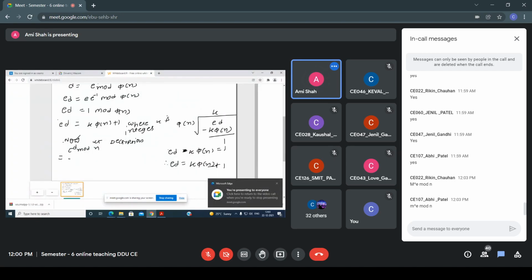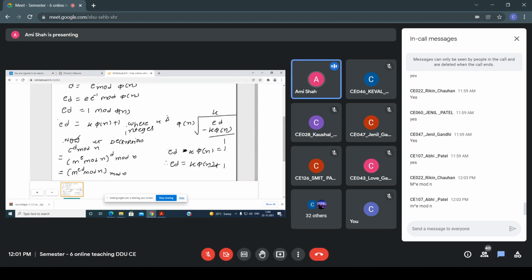So instead of that, I can write m raised to E mod n, raised to D mod n, right? So now I can write m raised to ED mod n, right? Now you know why I am calculating this ED, because on the decryption side I want to prove how I am getting the plain text.